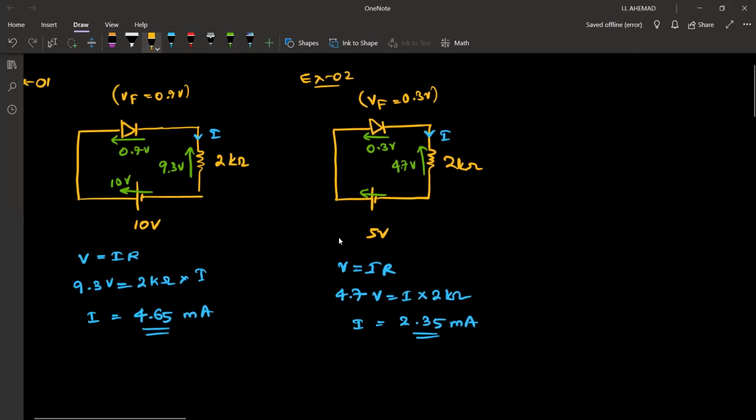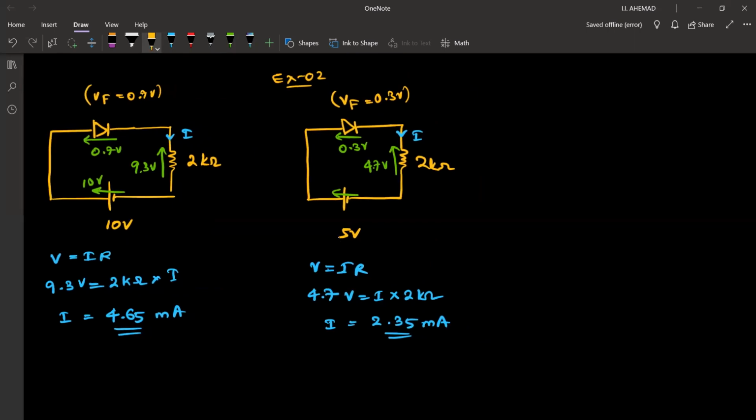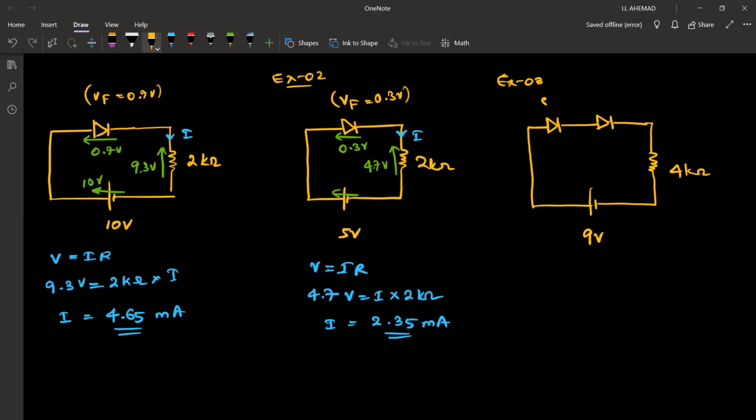We will get the idea how to deal with these types of questions. Example 3. Now let's say we have two diodes. One is silicon, the other one is germanium. So here again both diodes are forward biased.